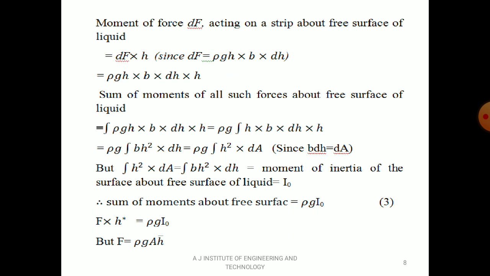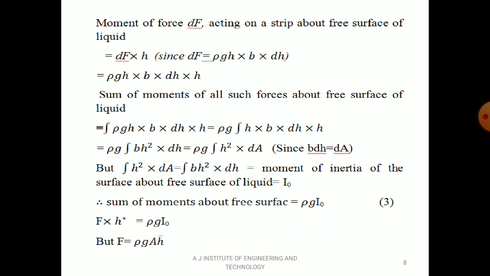Therefore the sum of moments about the free surface equals rho g into I naught. Take it as expression 3, because the integral of h square dA, that is B h square into dH, is actually equal to I naught, and rho g is common there.